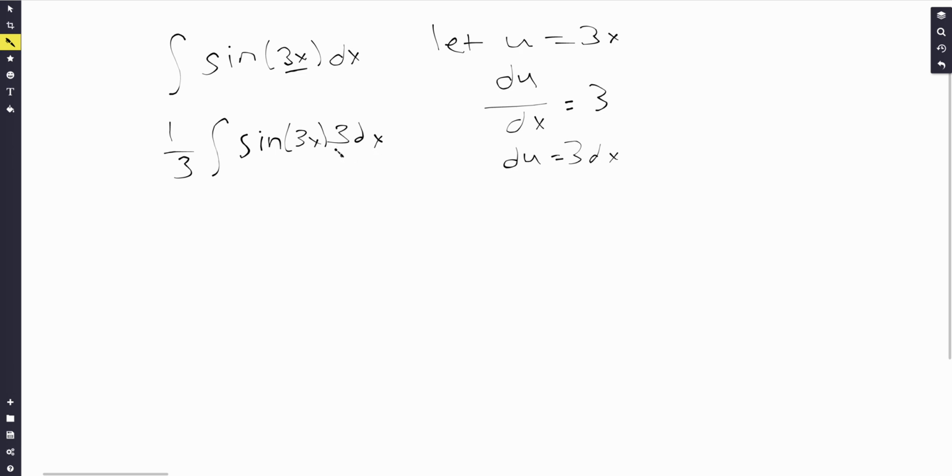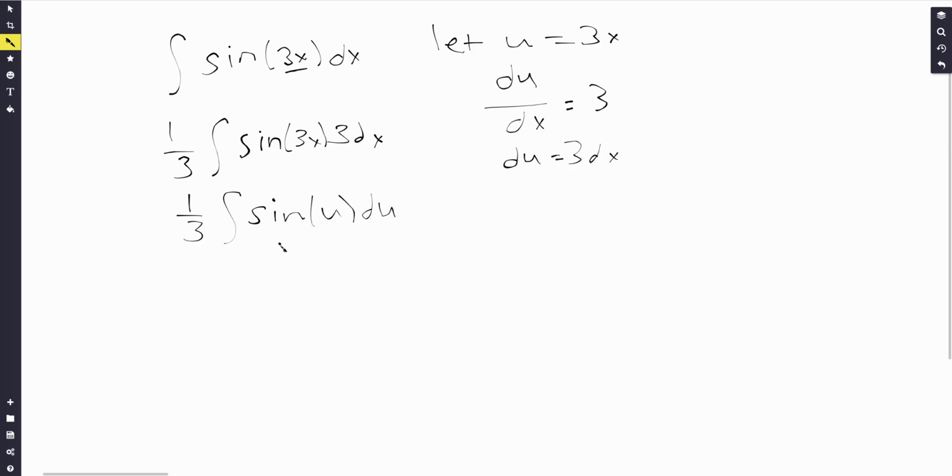That way, when you multiply this 3 and the 1/3, that's just multiplying the same thing as 1, so it kind of cancels out almost. So we can rewrite this as 1/3 the integral of sine of u du.